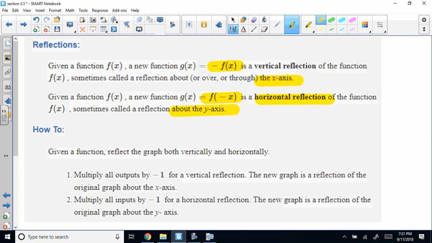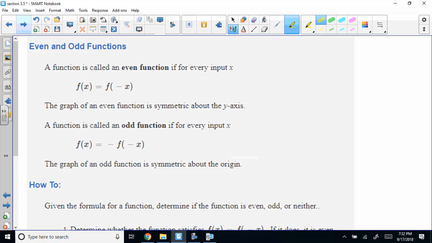If you're reflecting about the y-axis, the x values change, so it makes sense that it's internal, f of negative x. We're going to refer back to these. You've got to make sure you understand these reflections and shifts, because that's what's going to happen in the next couple of problems.